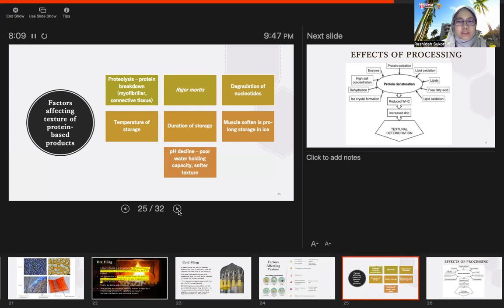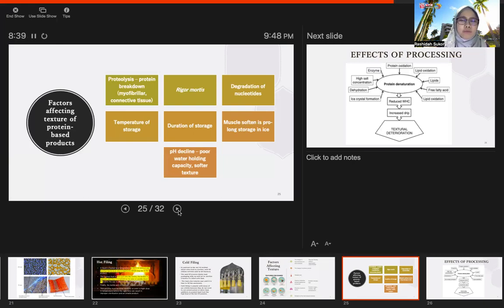So you really have to understand the chemistry of the component, because this chemistry during food processing will affect the functionality and also the texture. The functionality and the texture will affect the end product that goes to the mouth of the consumer. It will affect the flavor, it will affect the texture.